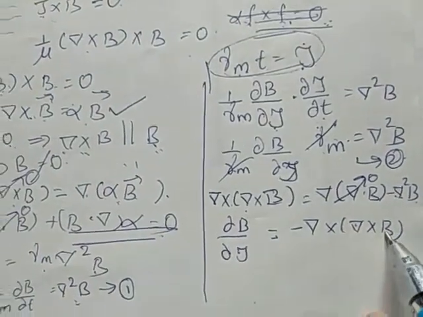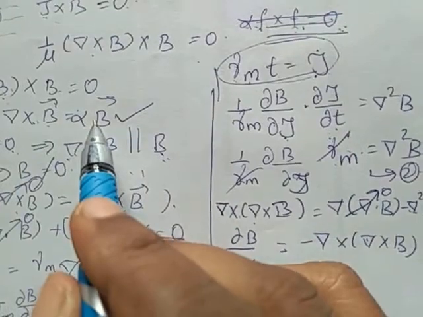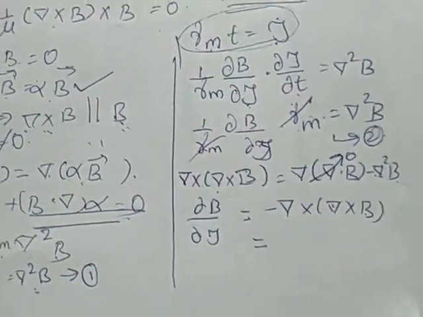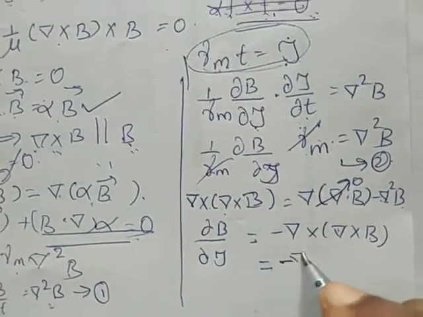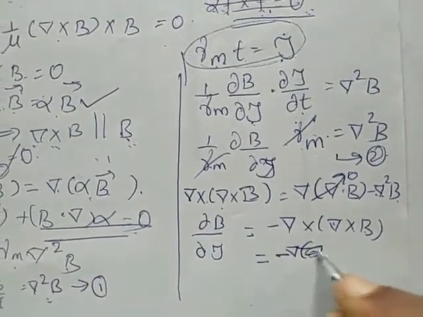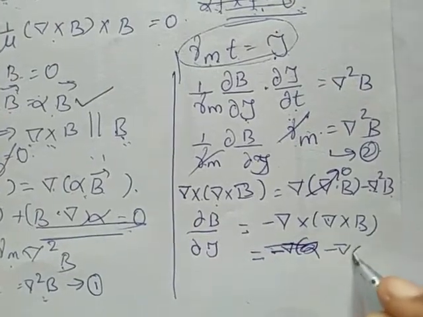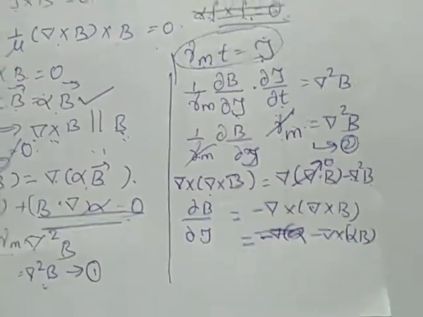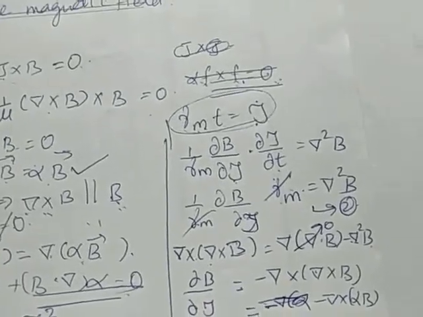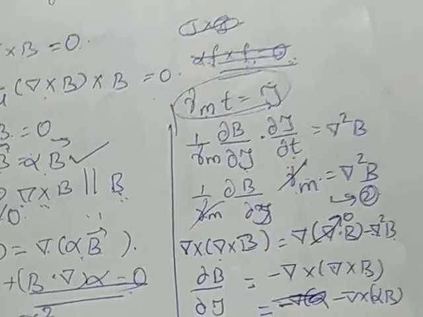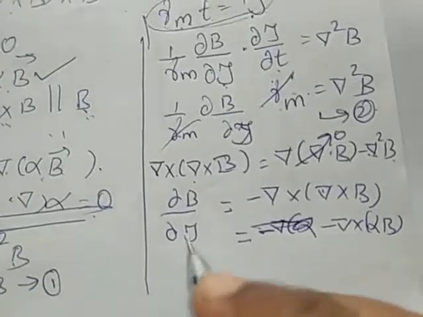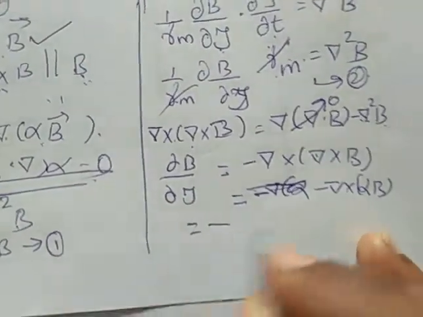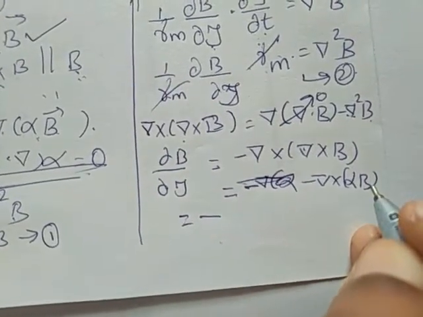What is curl of B? Curl of B is alpha into B. So substitute here, we will have minus curl of alpha B. Using the vector property again, we have curl of alpha B. Alpha is a scalar function.